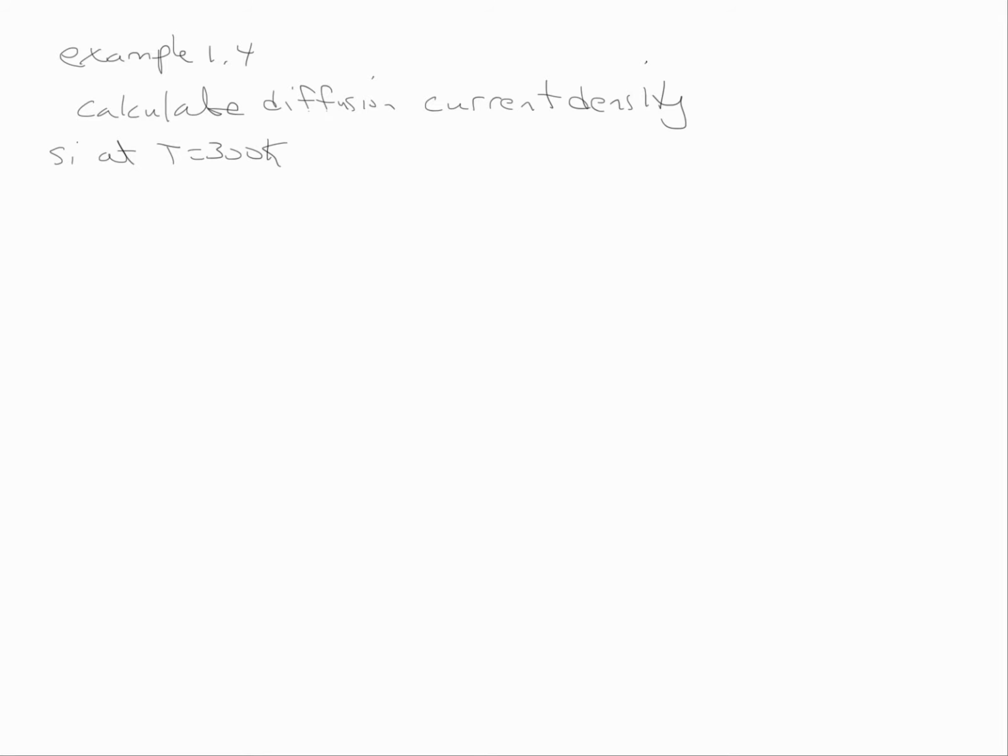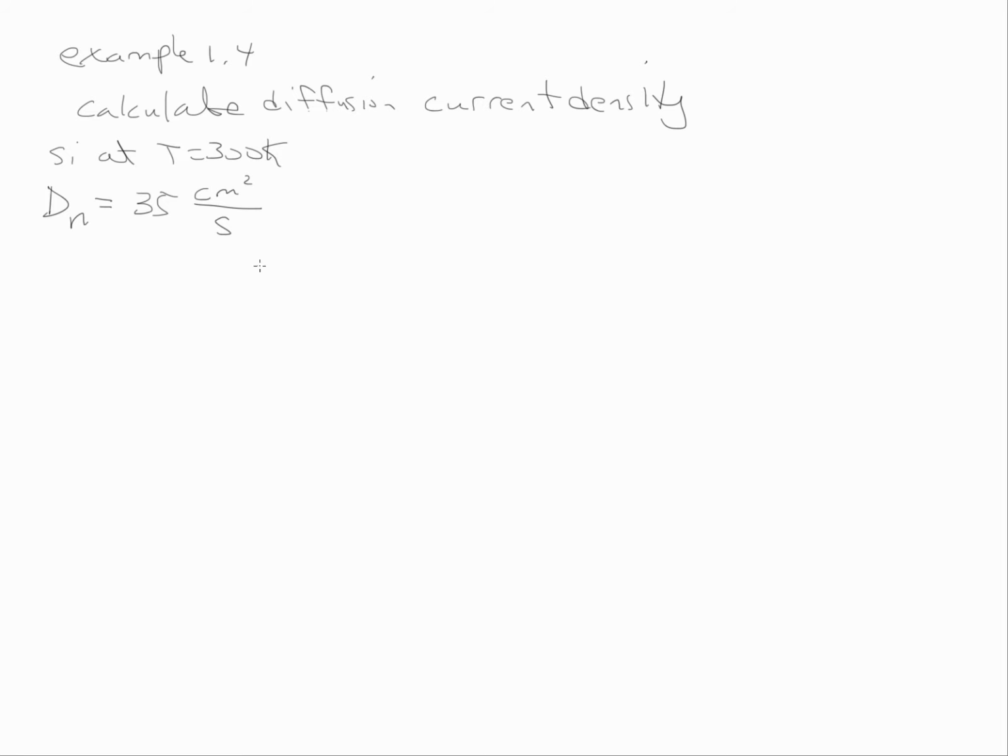And we're given that dN, that's the diffusion coefficient for electrons, is 35 square centimeters per second.